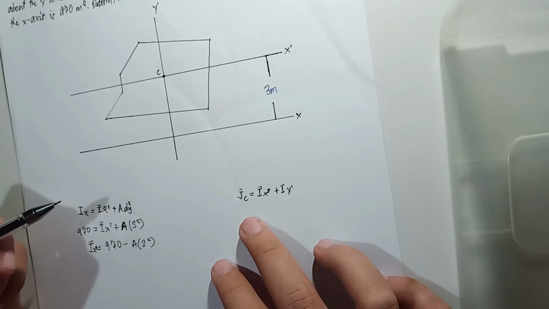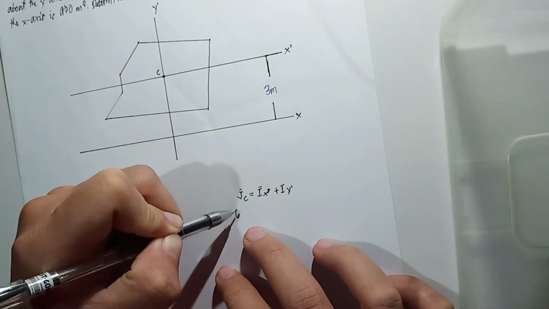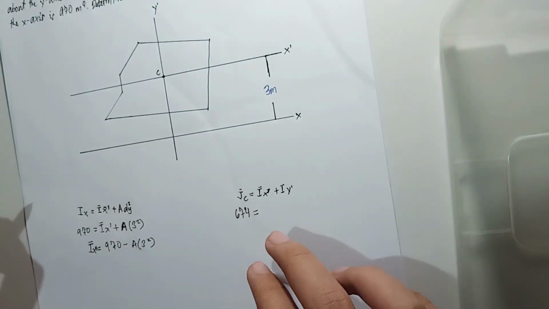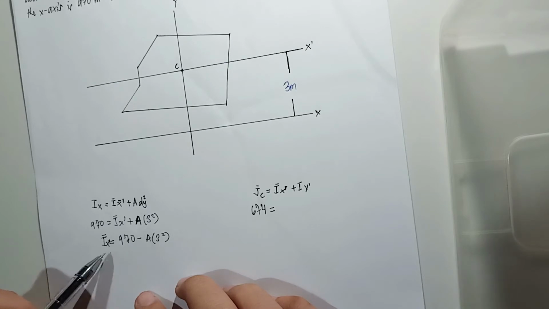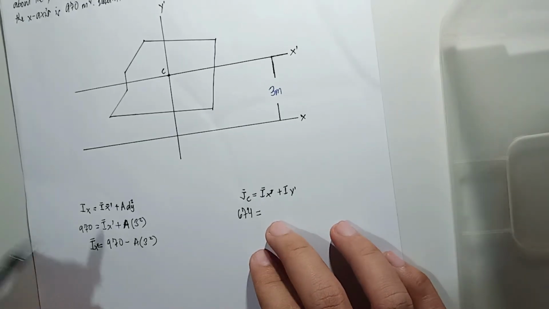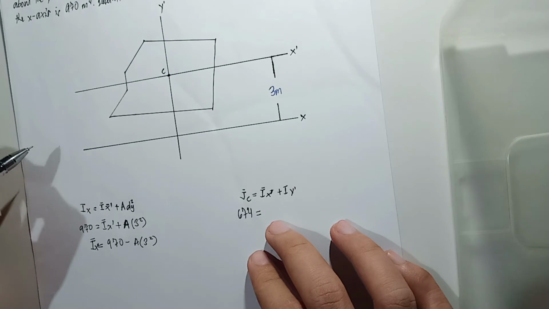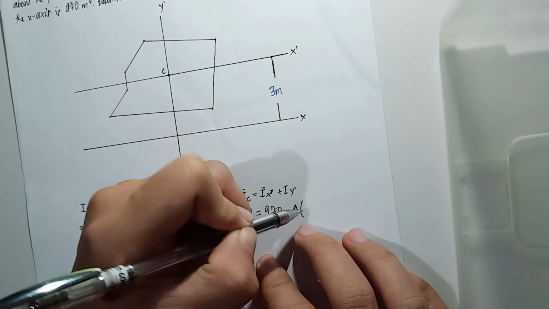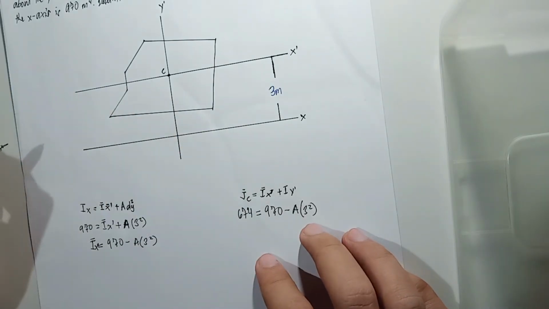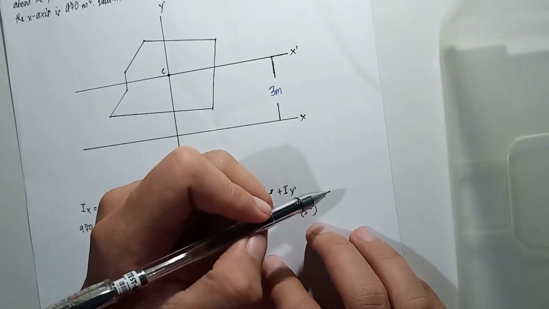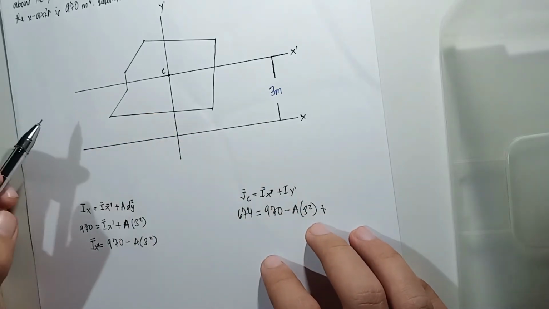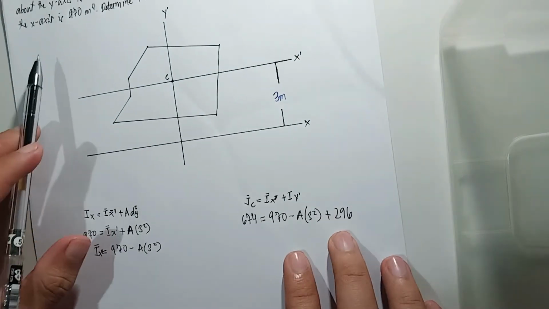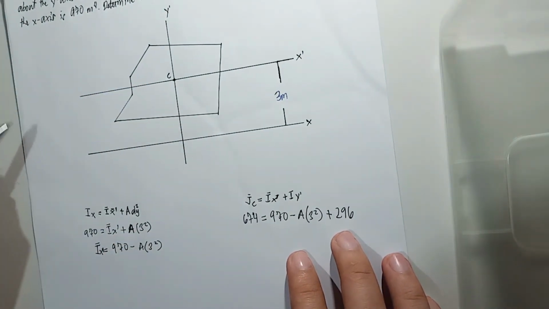For the area, JC is equal to 674, and it is equal to Ix plus Iy. Ix is equal to 970 minus A times 3 squared, plus 296, which is the moment of inertia about the y-axis.